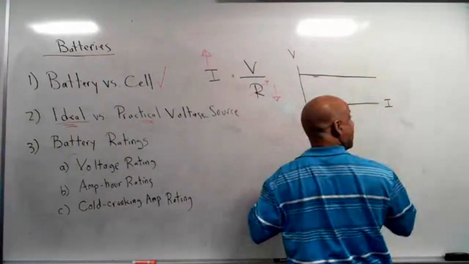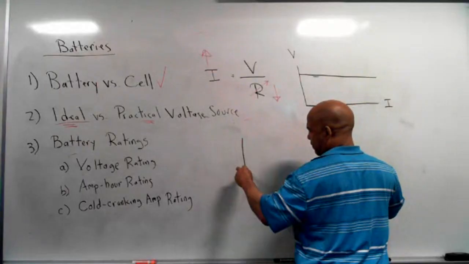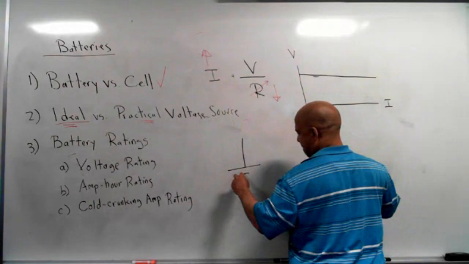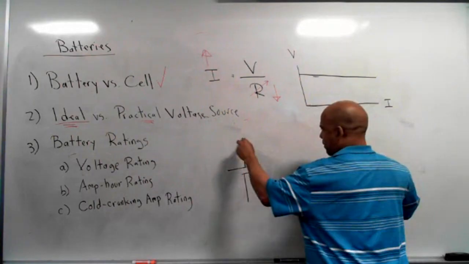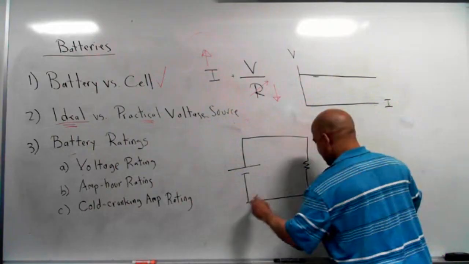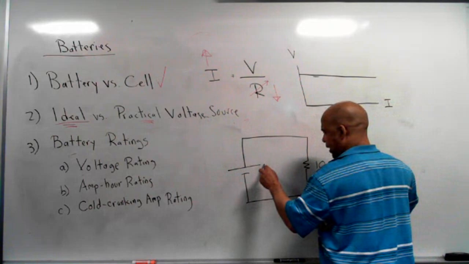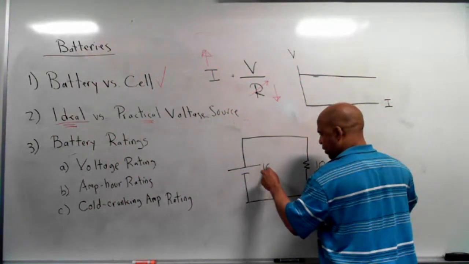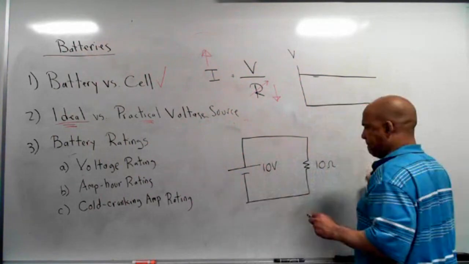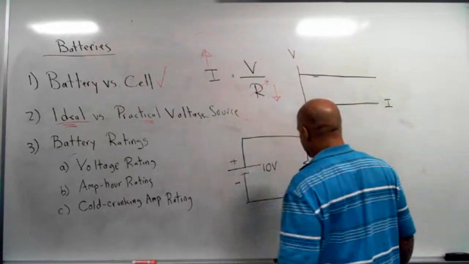I have an ideal voltage source and a resistor. This is a 10 ohm resistor, and this is a 10 volt battery or cell, the voltage source.